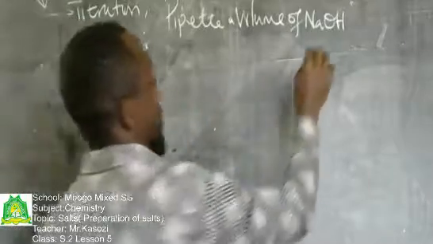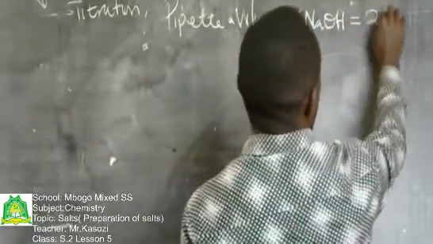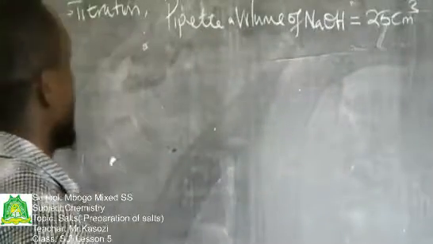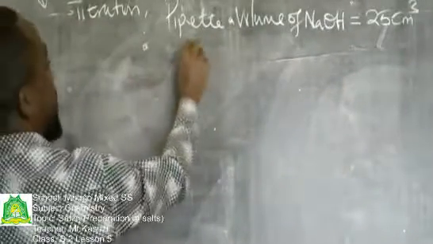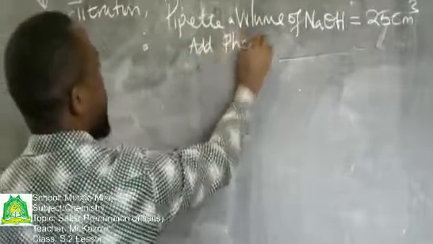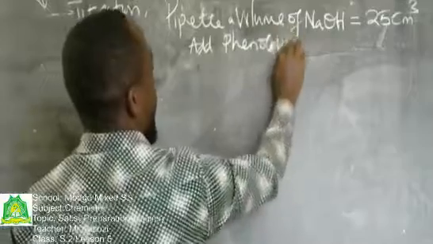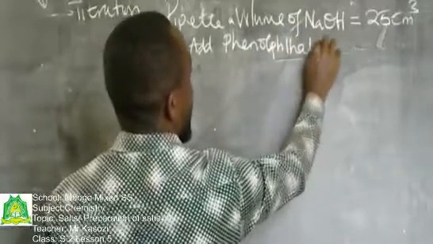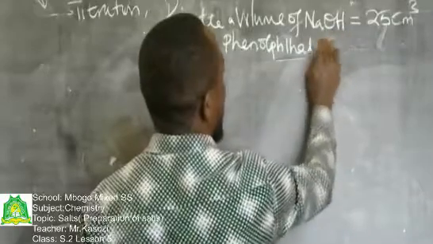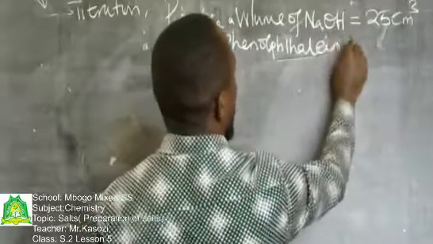Maybe you can say we have pipetted 25 cubic centimeters of sodium hydroxide. Then add an indicator, phenolphthalein indicator.